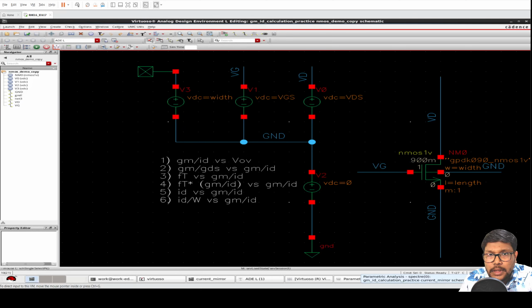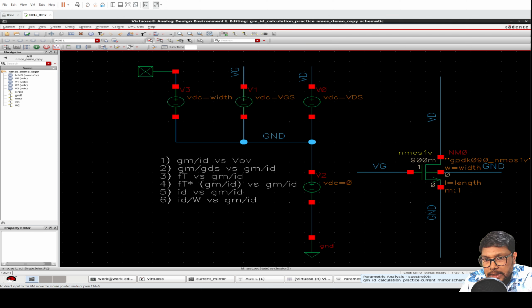Okay, so now we'll try to use the gm/ID to find the optimum value for which we can get a gain of around 60 dB, or more than 50 dB. So 60 dB means the gain should be around 1000, the total gain of two stages multiplying.